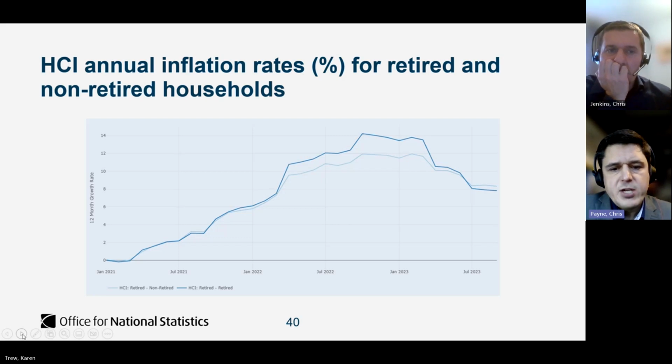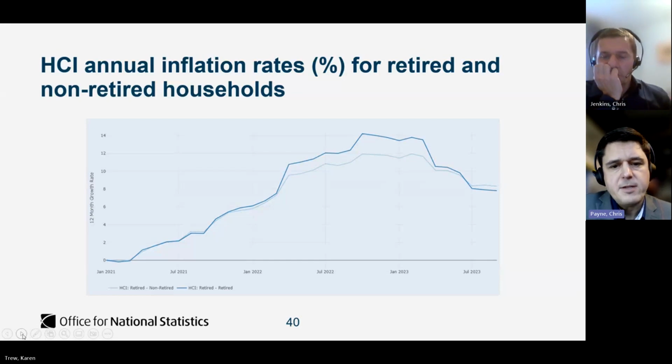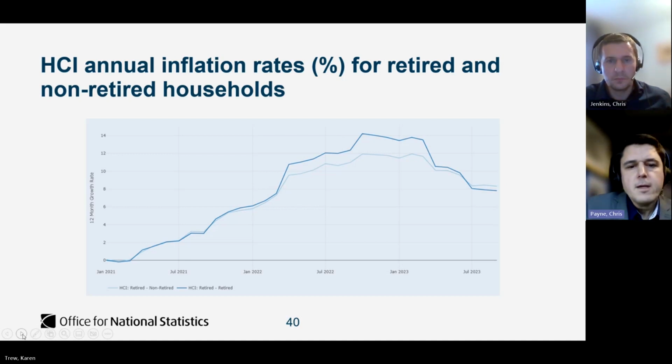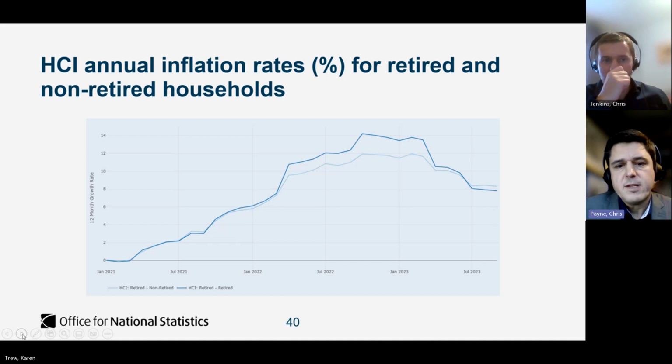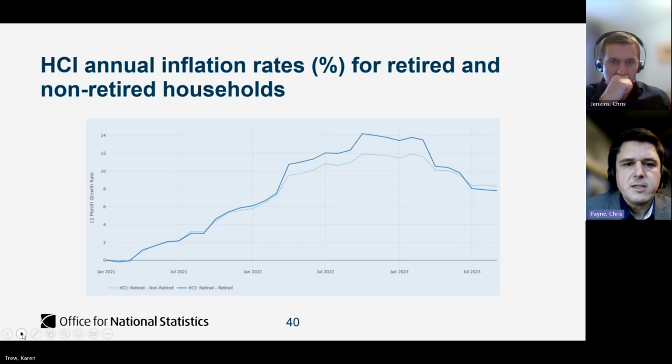More recently, that relationship has reversed, so non-retired households are facing a slightly higher rate now of 8.3% in September 2023, compared with 7.8% for retired households. So we want to try and understand what's driving the rates for those two different subgroups and what's driving the differences between them. So if we could move on to the next slide.